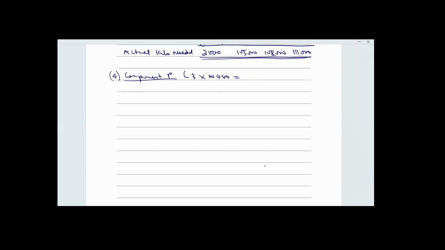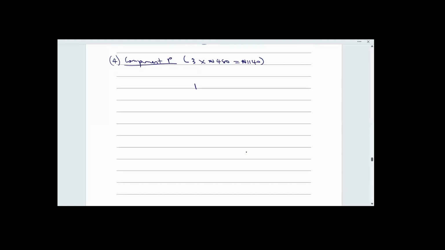What do you get? 3 multiplied by 480. 1440. That's the price per unit. So in that case, I would then say year 1, 1440.